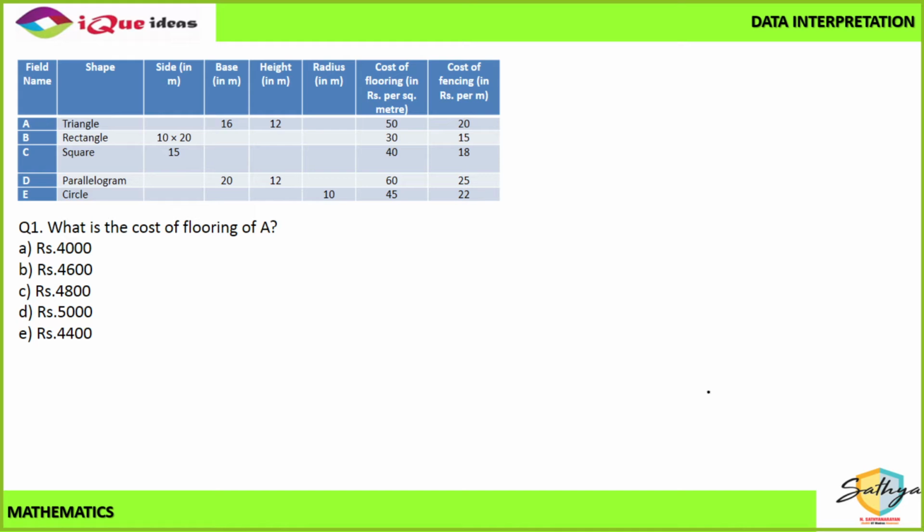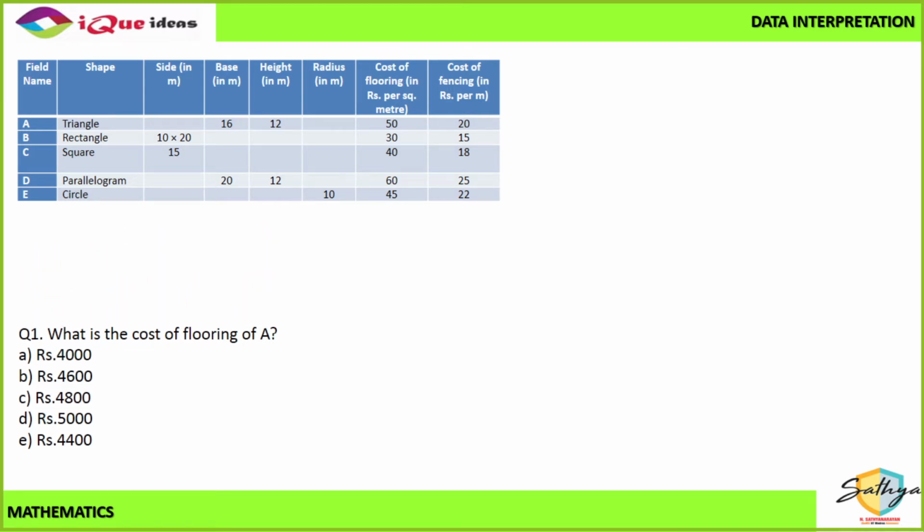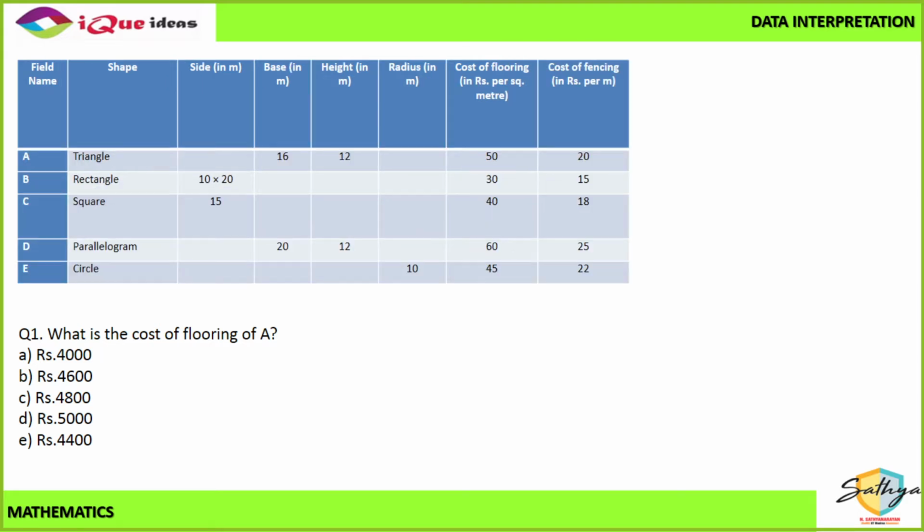So I put up the data also. Now the question is, what is the cost of flooring A? If I want to put a floor on A, what is A? A is our triangle. So what is the total cost if I want to lay the floor for A? I'm going to increase the size of the table a bit if it is not very legible.